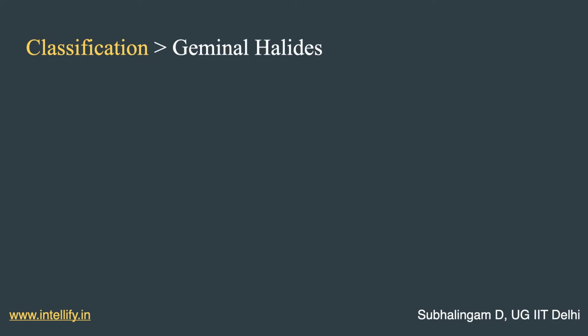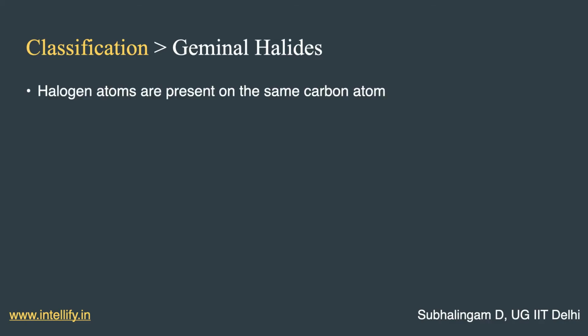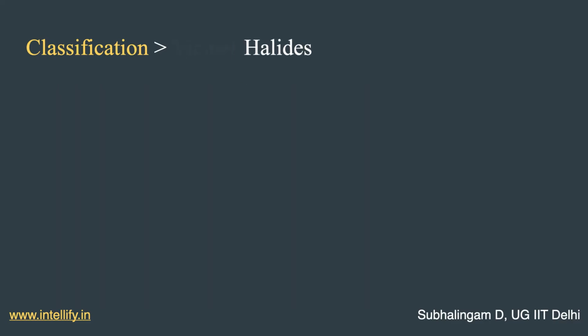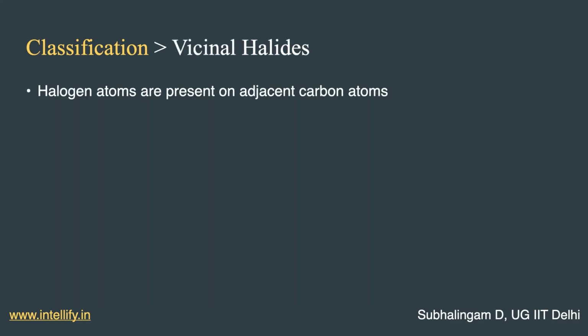Now let's look into di-substituted haloalkanes. This is a small classification where we restrict ourselves to halogens attached either to the same carbon atom, which we call geminal halides like this, or halogens attached to neighboring carbon atoms or adjacent carbon atoms like this.